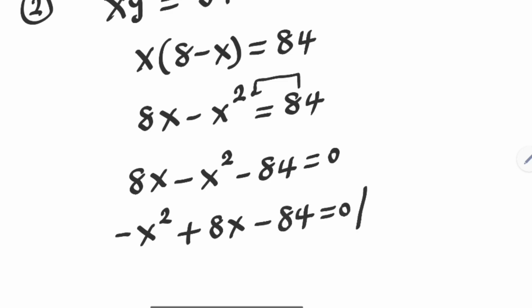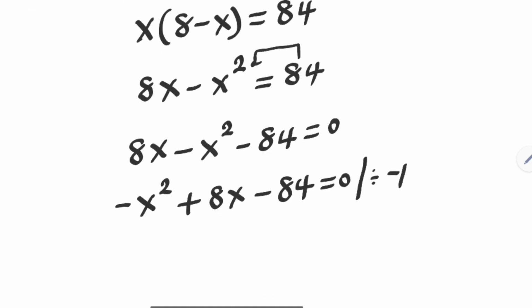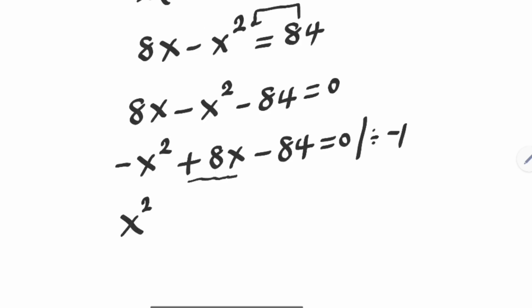Now let us divide the whole of this equation by negative 1. Negative x squared divided by negative 1 will give x squared. Positive 8x divided by negative 1 is negative 8x.